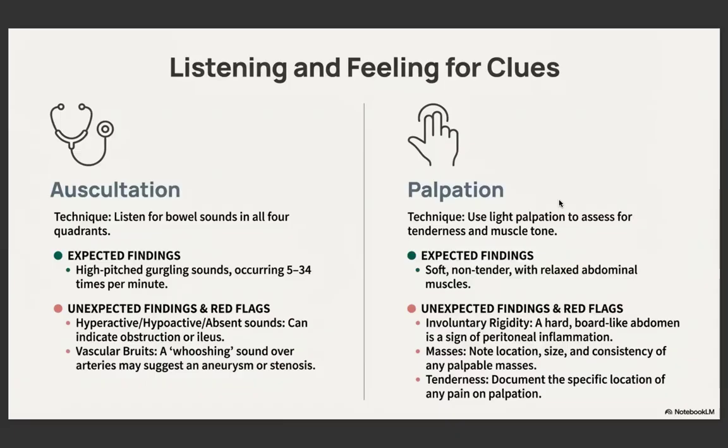Or if they have a board-like abdomen, that's abnormal as well. Any masses that are palpable, obviously abnormal. And then if they have any of those other signs, like we mentioned, the McBurney's point, those are also going to be abnormal signs of appendicitis.